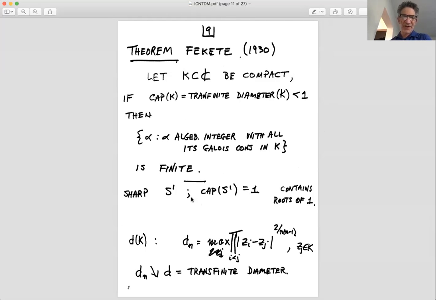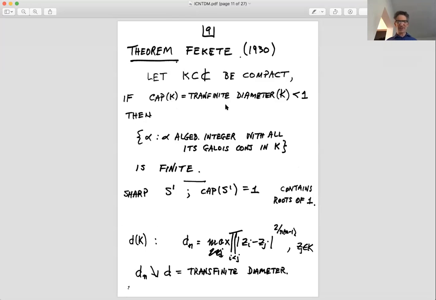What is this transfinite diameter, which is a measure of the size of a set? It's not the Lebesgue measure, but a potential theoretic definition. But the simplest definition is just the geometric mean. If I take n points in this compact set K, and I take the maximum of the geometric mean of the distances between the points and call that d_n, then it's very easy to see that d_n is a decreasing sequence as I increase n, and the decreasing sequence converges to a number, and that number is called the transfinite diameter, and it's also called the capacity.